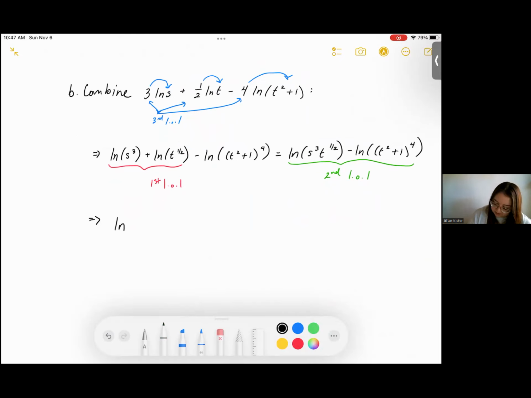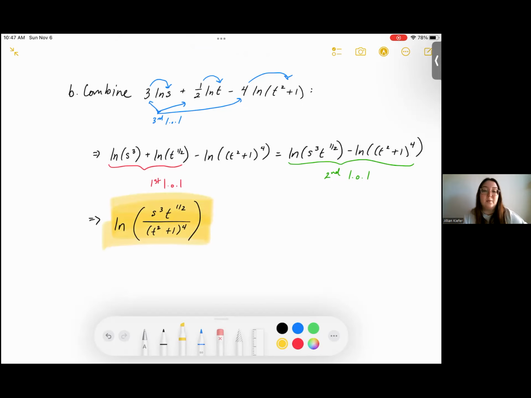So we're going to have ln of s cubed t to the power of 1/2 divided by t to the power of 4 plus 1, or sorry, that was to the power of 2. T to the power of 2 plus 1, all to the power of 4. And we have the logarithm of that entire thing. And that would be our answer.